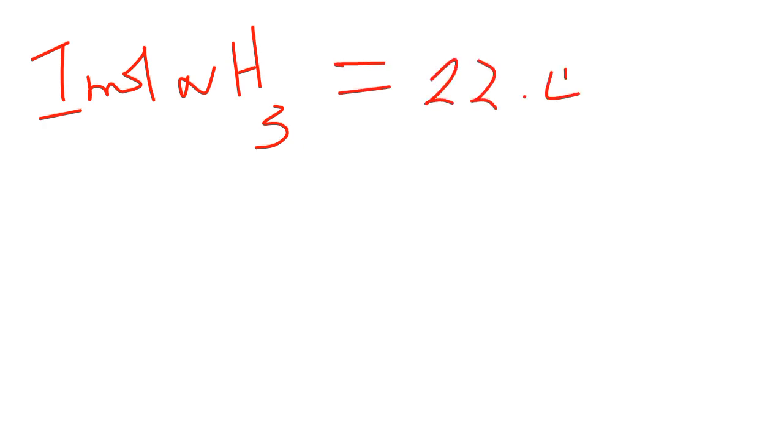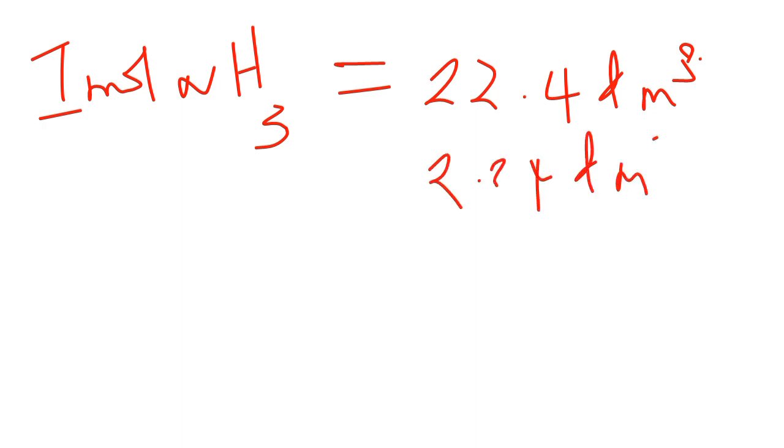Ammonia is a gas, so 1 mole of ammonia is equivalent to 22.4 dm³. So how many moles of ammonia will be produced from 2.24 dm³? We do cross multiplication.